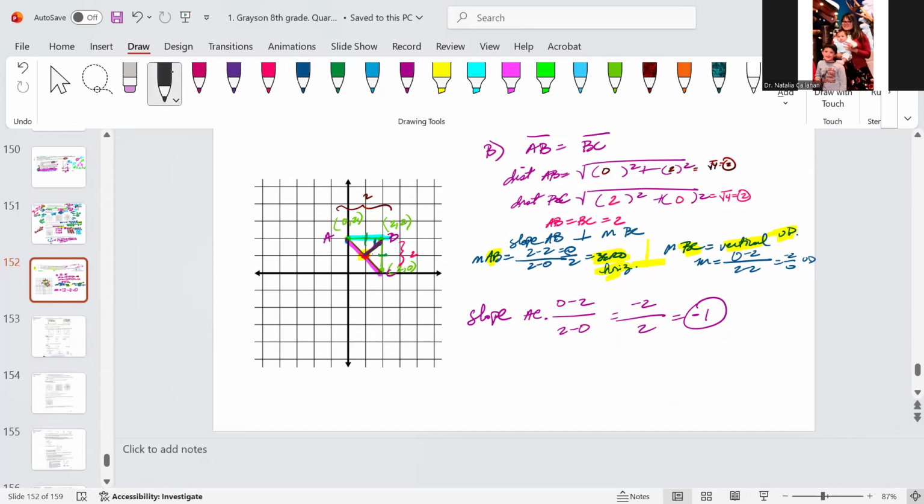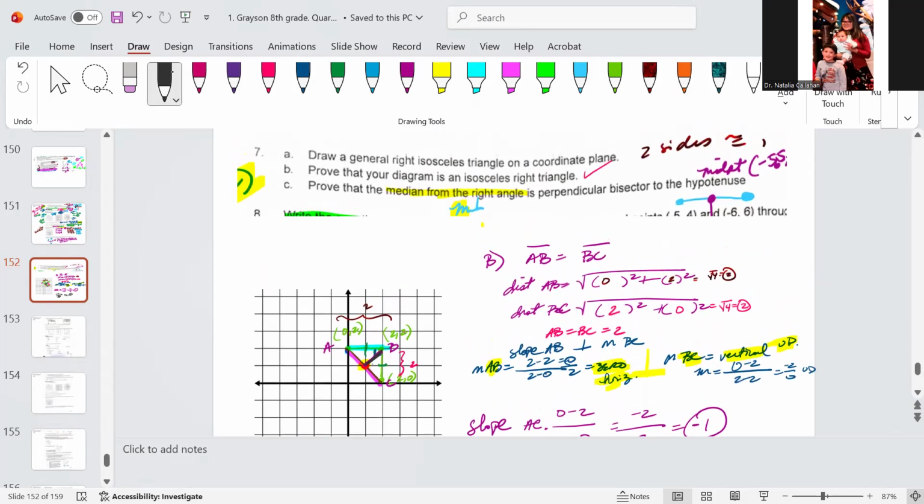Which is that bisector, correct? This black line is a perpendicular bisector on the hypotenuse. Hypotenuse is that pink line, right? So that perpendicular bisects that. So the slope of that perpendicular bisector is going to be a positive 1 over 1. Do you agree with that? Yeah, that's it.